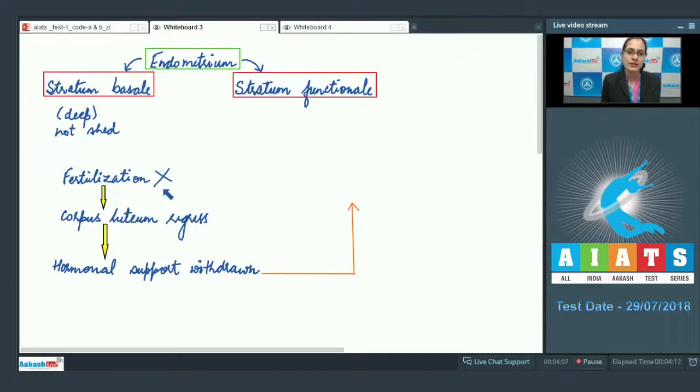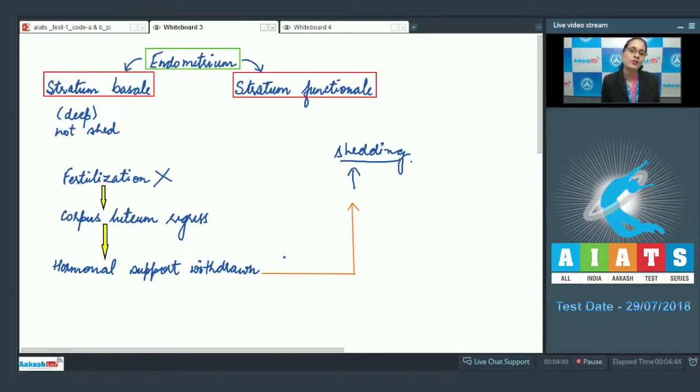When fertilization doesn't occur, this will lead to regression of corpus luteum, which is the main source of hormones like progesterone and estrogen. And these hormones are responsible for the maintenance of endometrium. When this corpus luteum regresses, it will lead to the withdrawal of the hormones responsible for the stability of endometrium, and this withdrawal will lead to the shedding of this layer called stratum functionale.